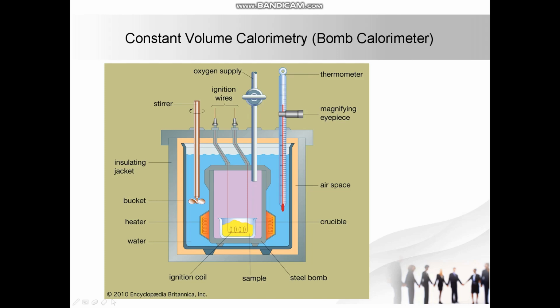Bomb calorimeter is used to find out the calorific value generally of fuels like coal so that they can be used in proportion to the heat that they can generate. This is a calorimeter which is used for assessing the calorific value and not for the thermal stability.